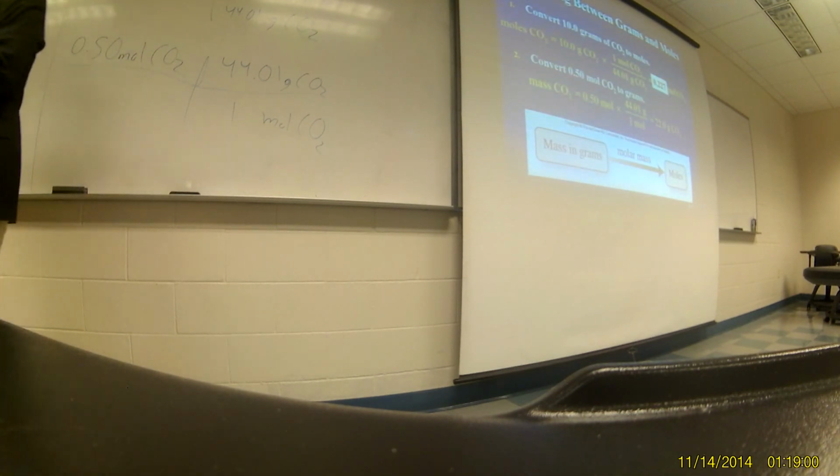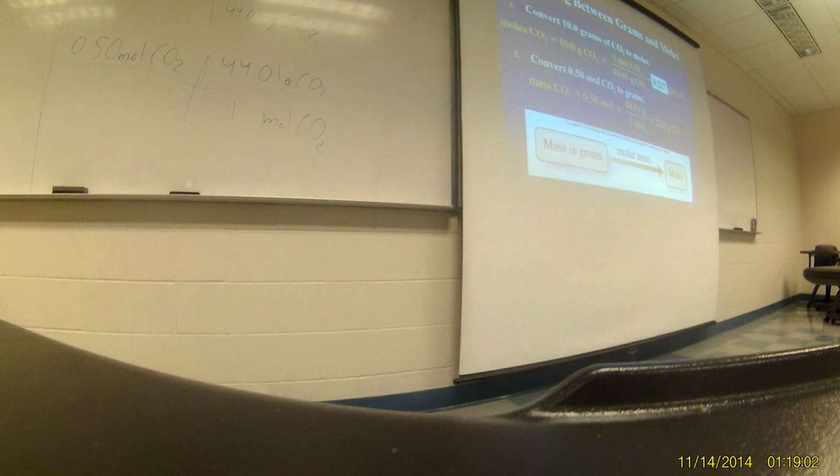So some people like to turn this into a set rule. What you can do is you have X grams of something. The molecular weight in grams is 1 mole. Or you can do it the other way.